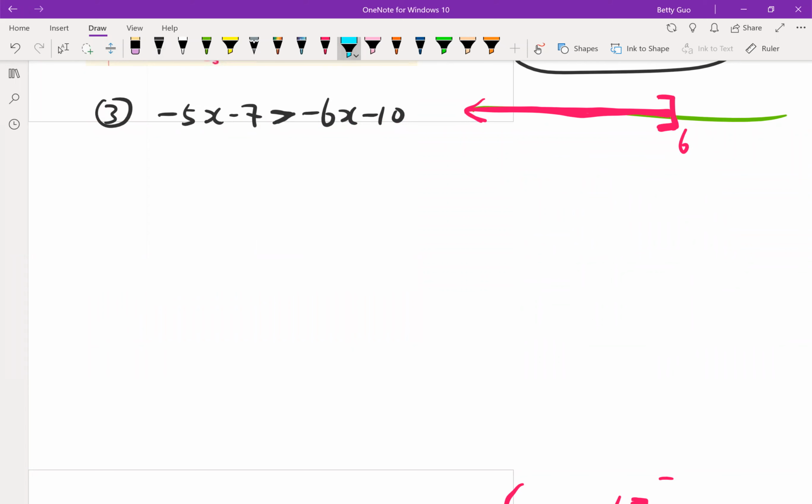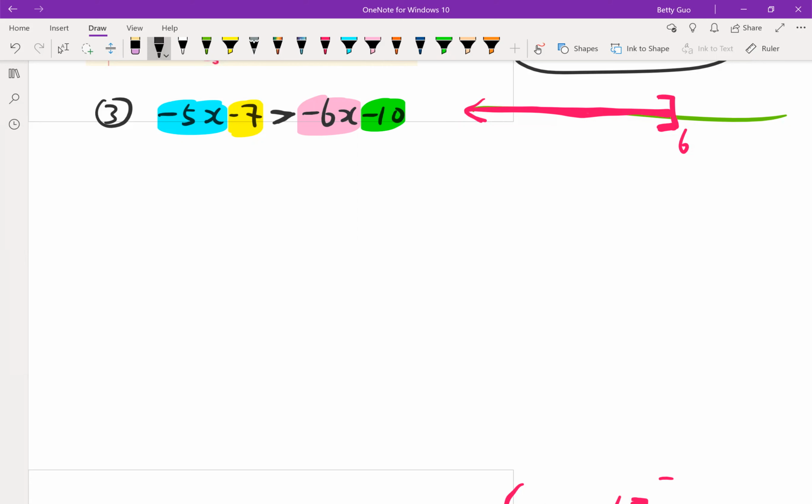So allow me to color them: blue, yellow, pink, green. We're going to collect like terms first and then combine them. We collect the blue and the pink together because they are like terms.